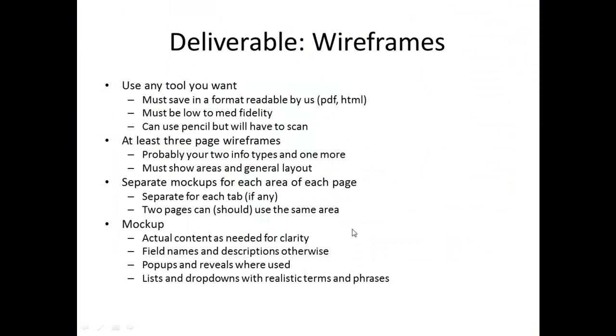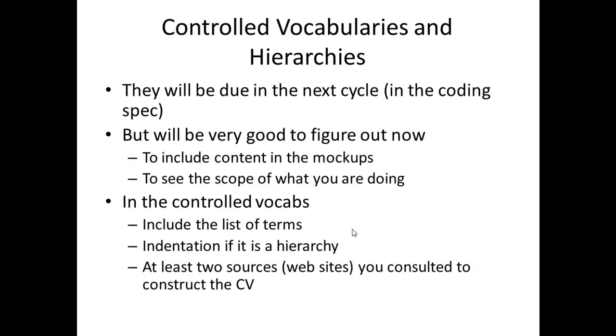And a couple more things that I want to talk to you about. Controlled vocabulary. Not due for this week, but this is a way to start thinking about it, start getting it together. What are the controlled vocabularies that I specified, and where am I going to get them from? So in order to do the wireframe, you don't really need to have your controlled vocabularies in place, but it's really good to at least get some feeling for them, because that will give you the words to put into your UI, the words to put into drop-down boxes, the words to put into indexes and all that kind of stuff.